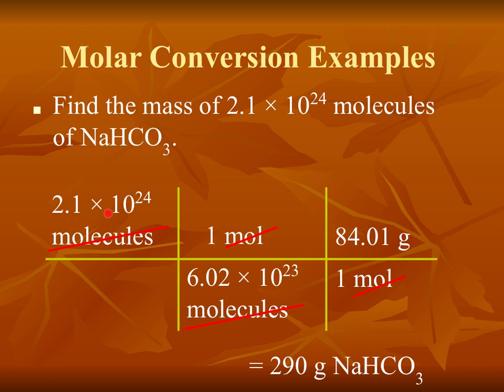Well, if we have this many molecules, we put molecules on the bottom, so we get rid of molecules. There's that many molecules per mole, so now we have moles, and then we use that it was 84.1 grams per mole, so the moles are on bottom, grams on top, moles cancel out, and we're left with grams. And so you get that it's 290 grams of sodium bicarbonate.